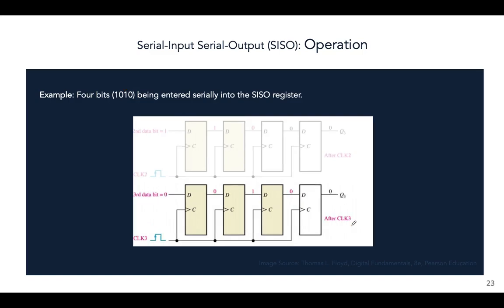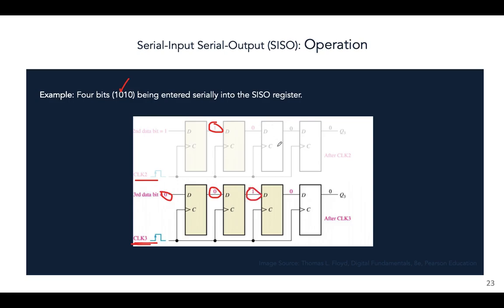And then after the third clock pulse, the third bit is entered from the left. The first flip-flop gets the third bit. It produces the output. It's the same bit. The second flip-flop at the application of the second clock pulse had received 1, so it outputs 1.